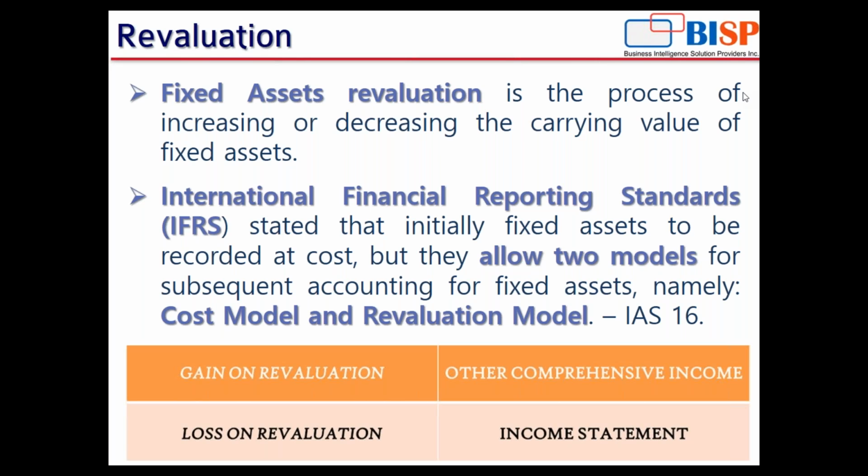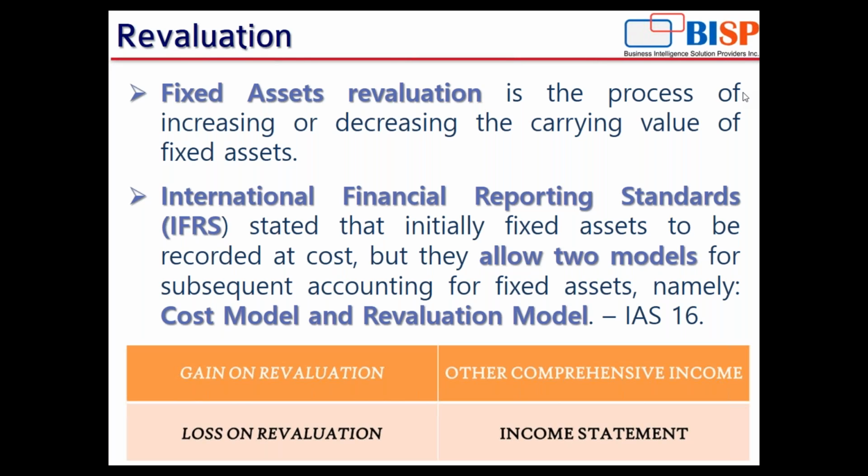IFRS has stated that initially the fixed asset should be recorded at cost, and subsequently it allows two models to record the fixed assets. One is the cost model, where you record it at cost, and the other is the revaluation model. Revaluation model means my current cost in the books has either increased or decreased.